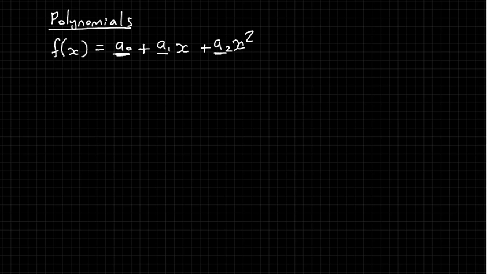You can keep going with a3 x to the 3, plus a4 x to the 4, and it just keeps going. The general form is a_n times x to the power n. This is the general form of a polynomial.